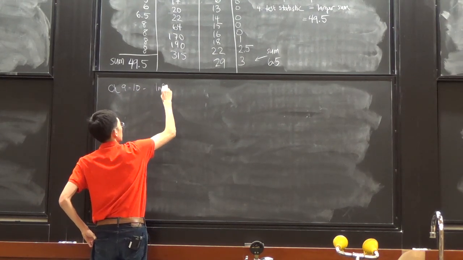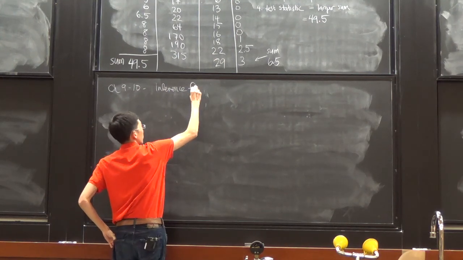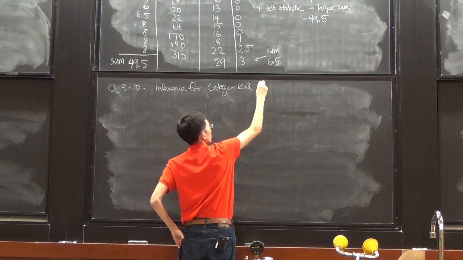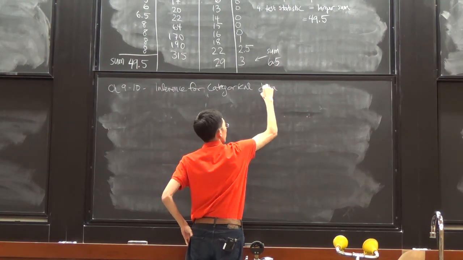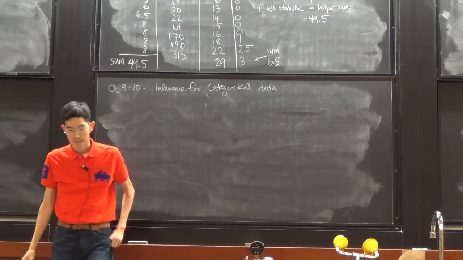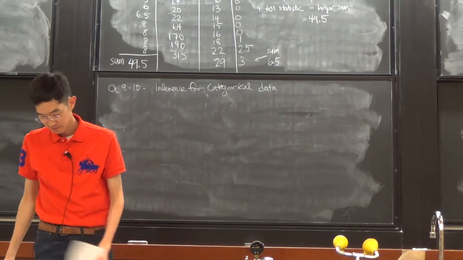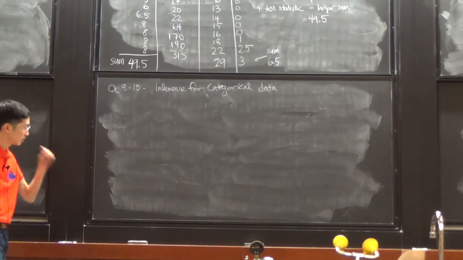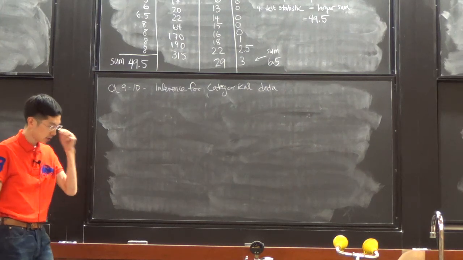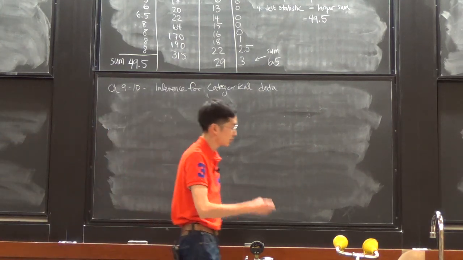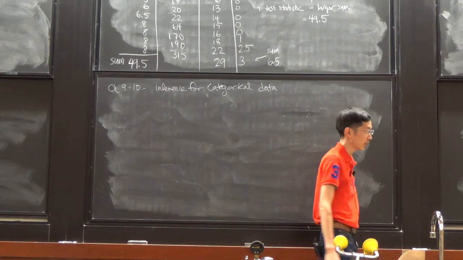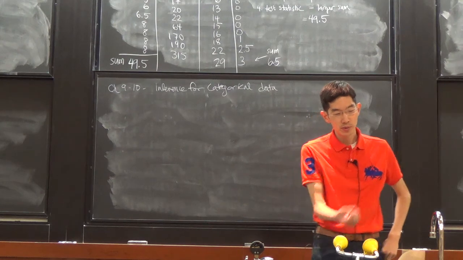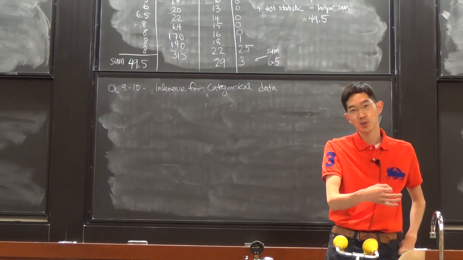We'll do inference. So now, when we take samples of data, we're not asking what is the mean of the sample, we're going to ask what proportion of the sample has this property.